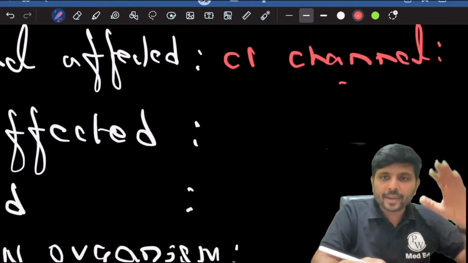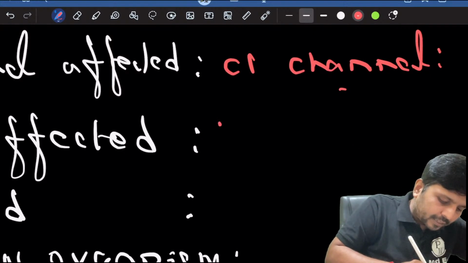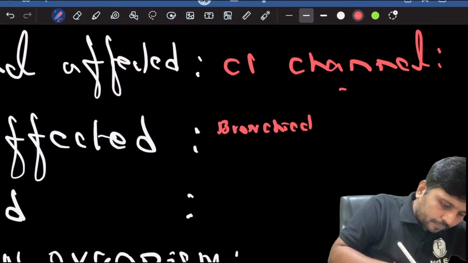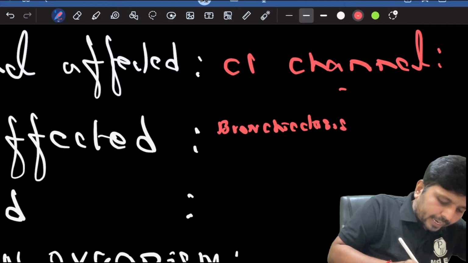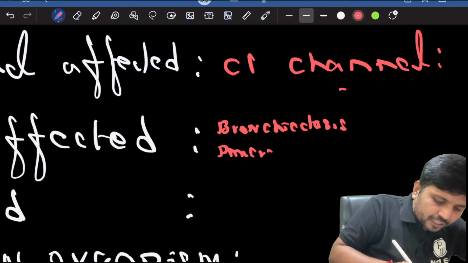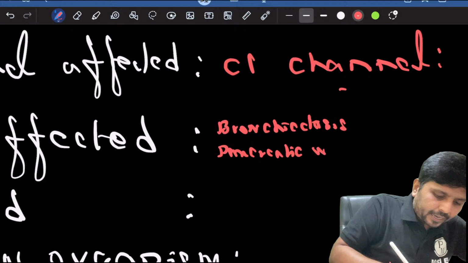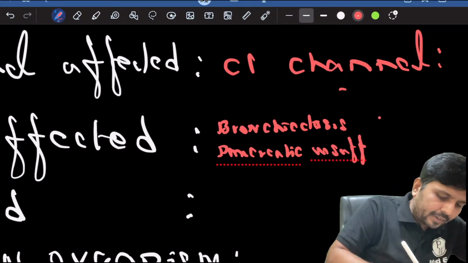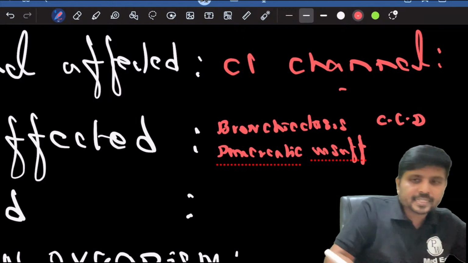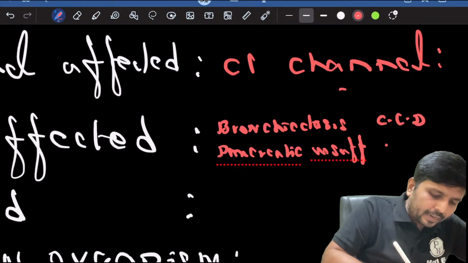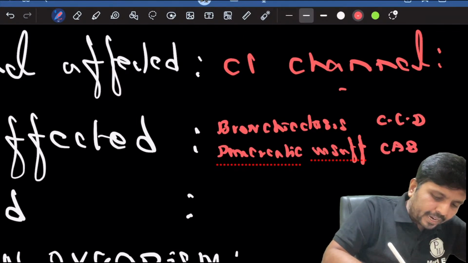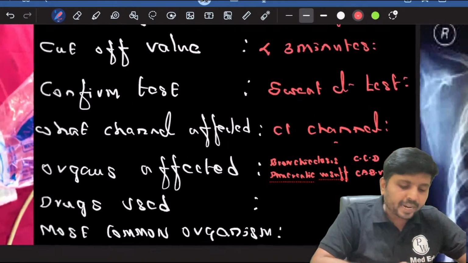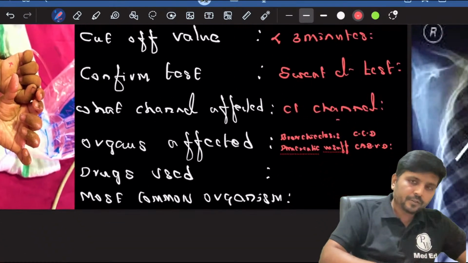The lung is affected, leading to bronchiectasis, and you get pancreatic insufficiency. Other than that, you can get chronic liver disease and complete absence of bilateral vas deferens.